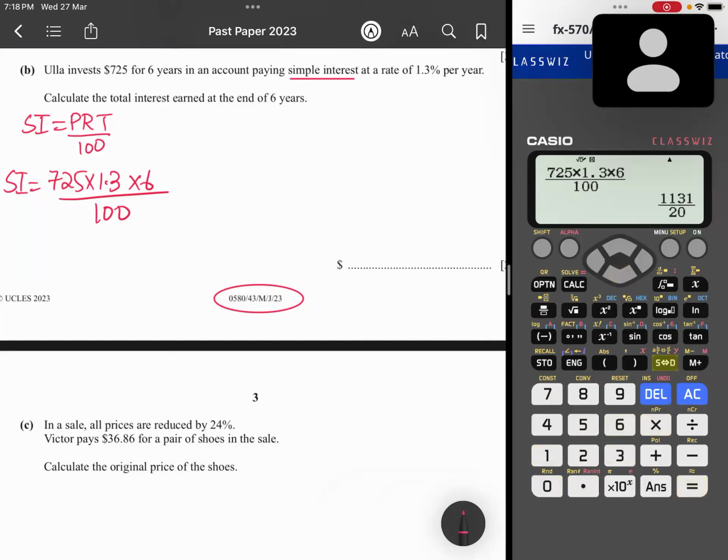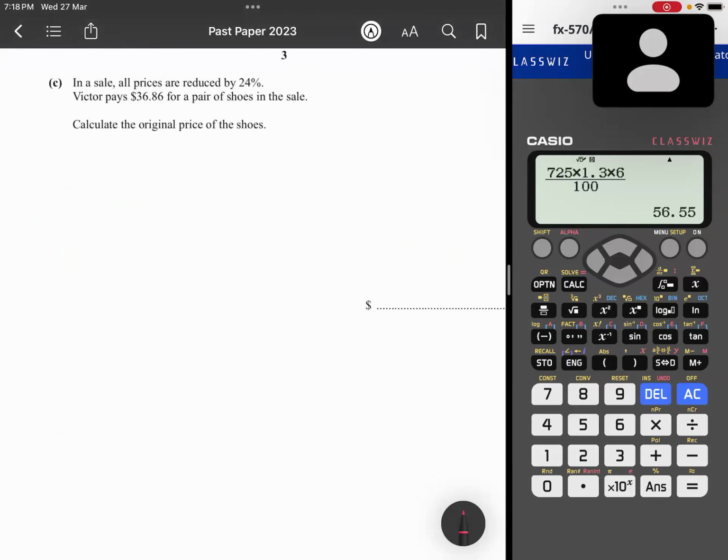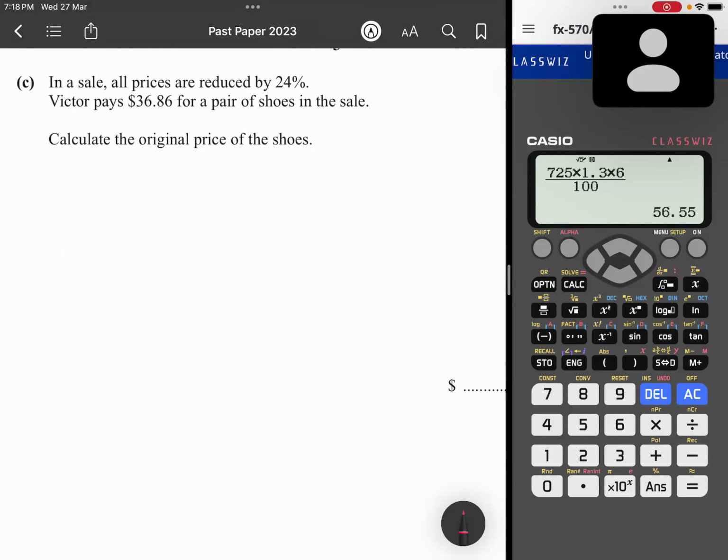So the answer is 56.55. So simple interest is equal to $56.55. They wanted us to find the interest, so that is the answer. If the demand of the question is to find the total amount, then add this interest to the principal, which is $725.